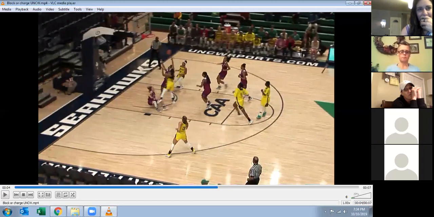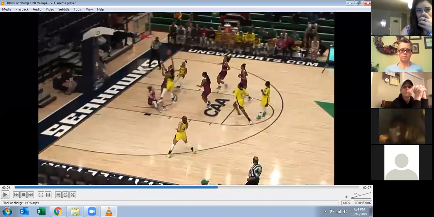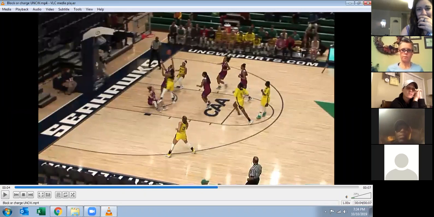Okay. Did the offensive player go through the defender? No, she made contact, and then the defender went her way. The offensive player kept going the way she was going. So in this, we have contact like this, right?